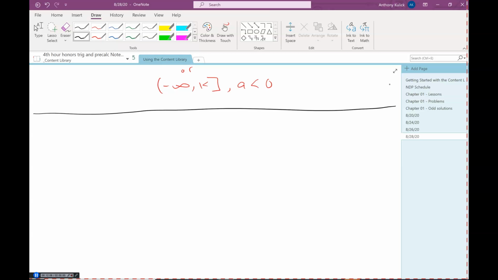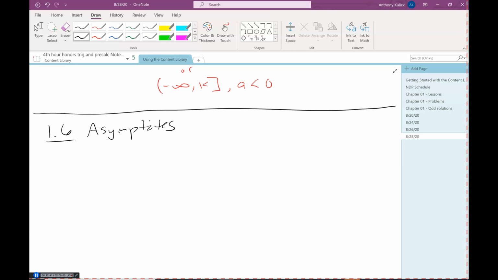All right. Section 1.6 is about asymptotes. And we know what an asymptote is, right?